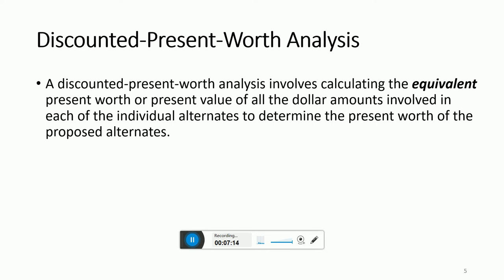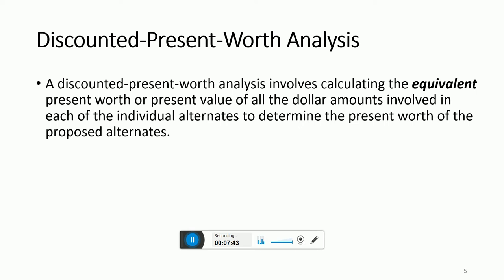Similarly, as we discussed in decision making analysis, we have to evaluate different alternatives and then decide which alternative is the best or which has the least cost. We will also solve an example on this discounted present worth analysis, so it will be more clear how this works.